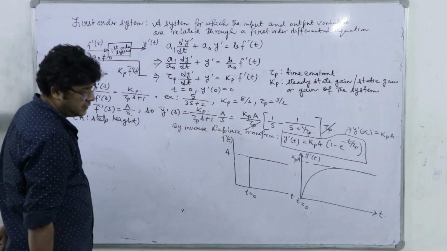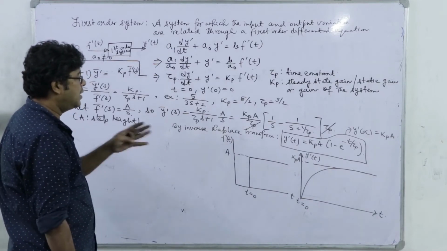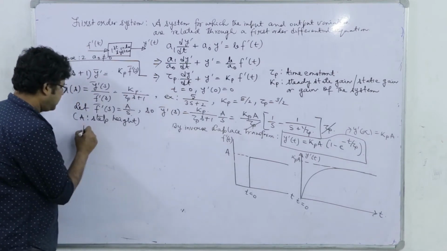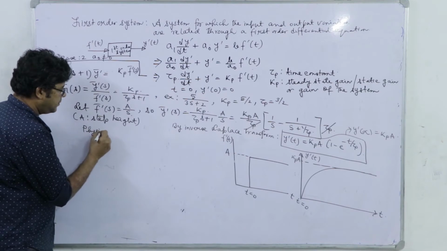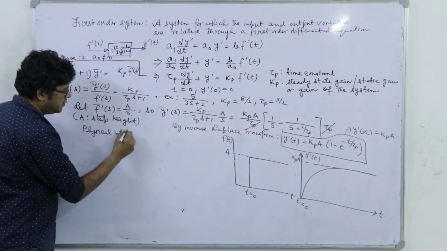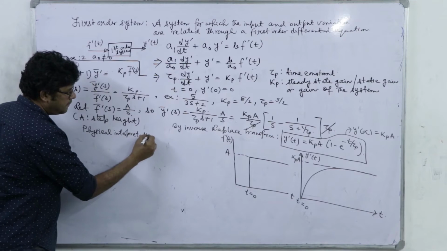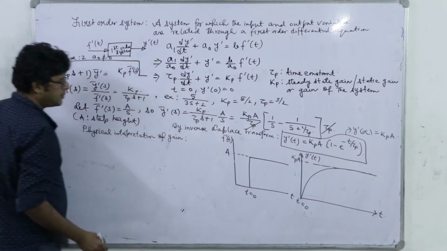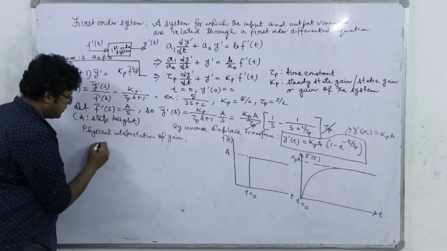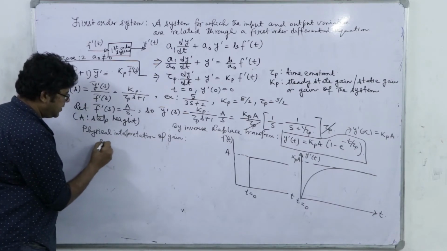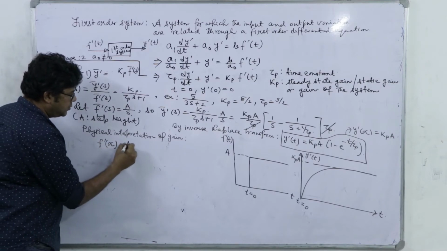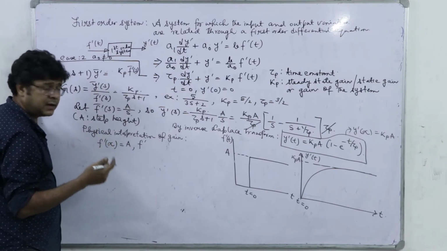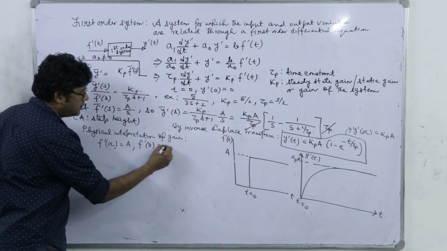Now from this response perspective, we have to understand the physical meaning of Kp and tau p. So physical interpretation of gain. What's that? See, f prime infinity equal to A. Input, infinite time after, the value still remains A. F prime 0 is 0.